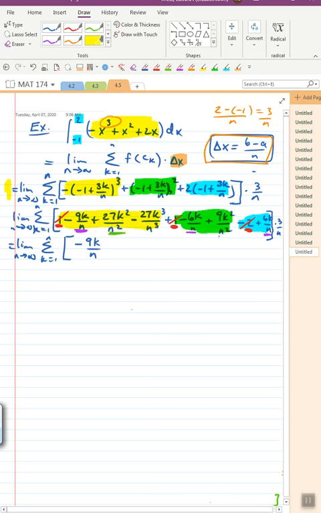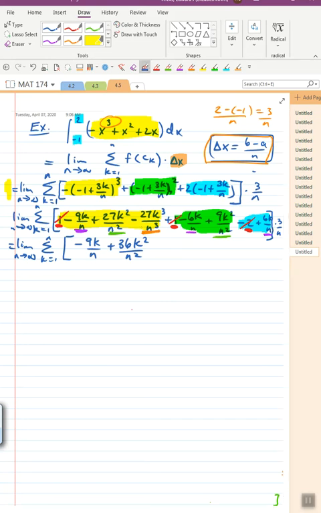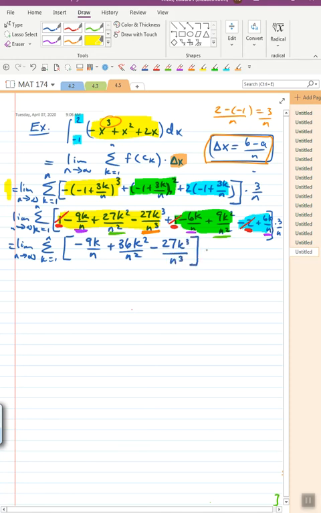K squared over n squared, looks like there's 2 of those. Looks like that would be 36. And then I guess we've got those k cubes, but I think that's the only one. So far, so good.